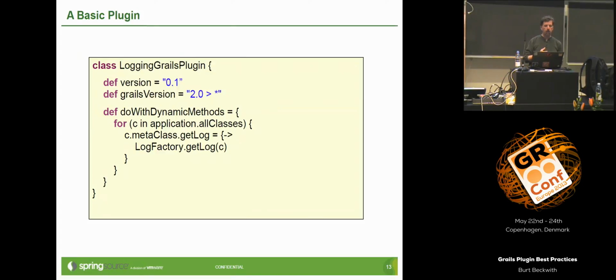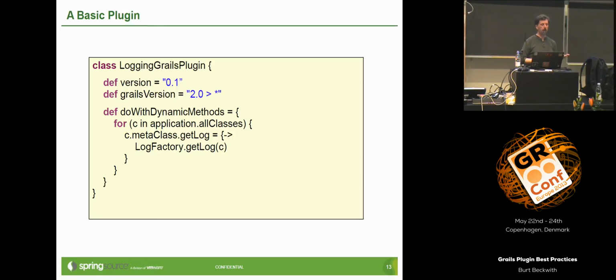So here's a really simple example. This isn't actually valid anymore because this isn't how we do it, but this is a stripped down version of a real core Grails plugin. So there still is a logging plugin, but it hardly does anything anymore. What it used to do is, in its doWithDynamicMethods callback, which is one of the plugin descriptor closures, it would loop through all of the classes in the application, and those are not source Java and source Groovy classes, but all artifact classes.